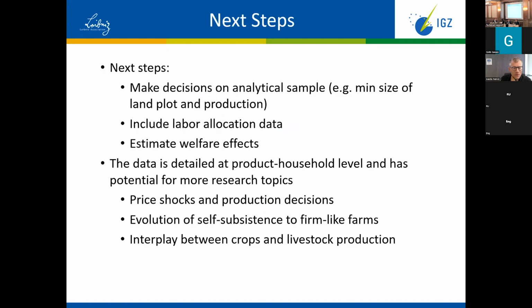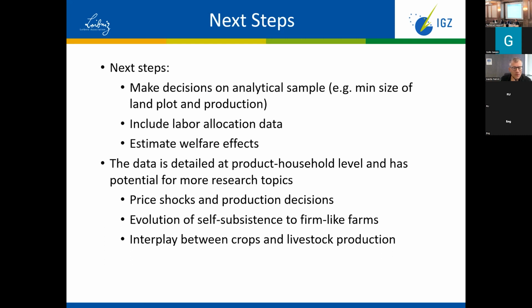Great, I'm told that I have to stop, but next steps and last slide. So we have to make decisions on the analytical sample, practically which households we are going to use, include labor allocation data and estimate welfare effects.